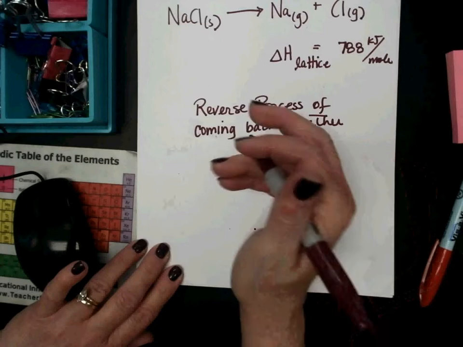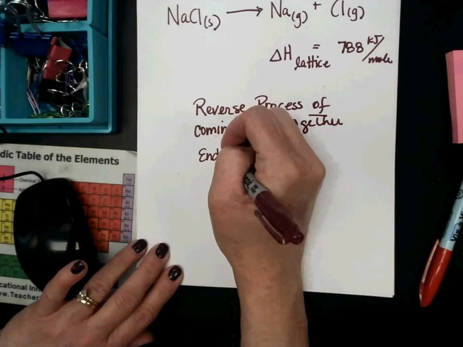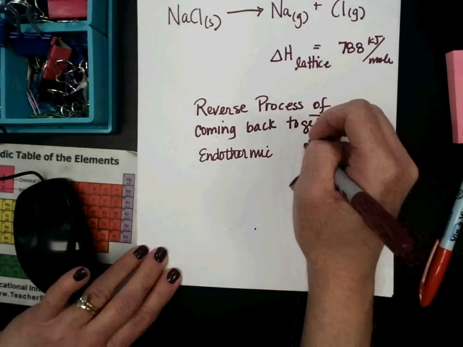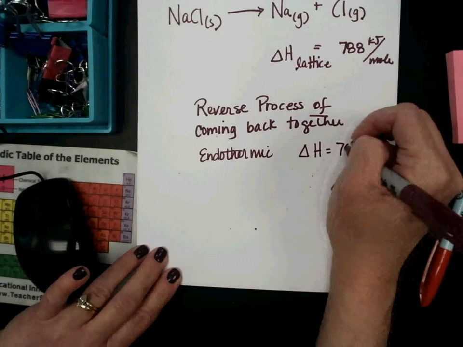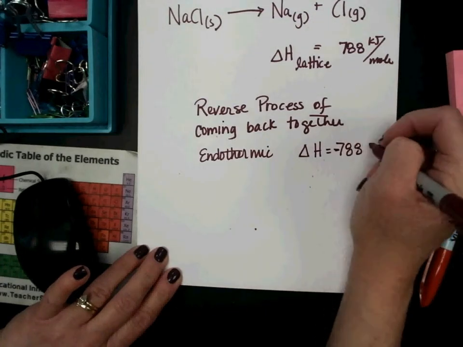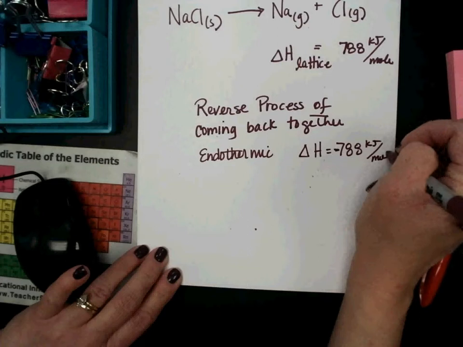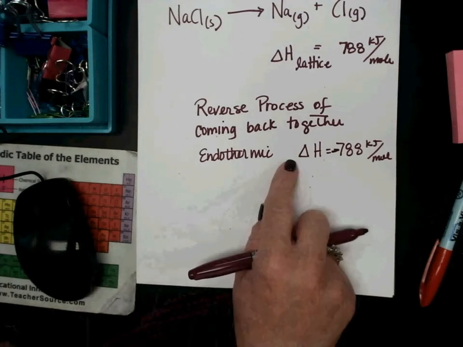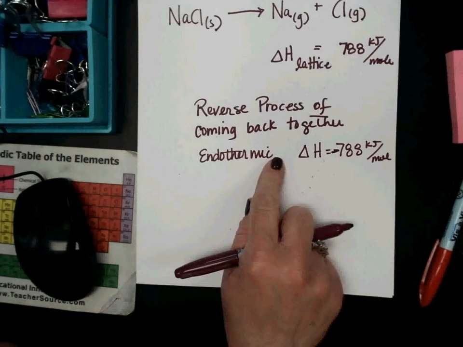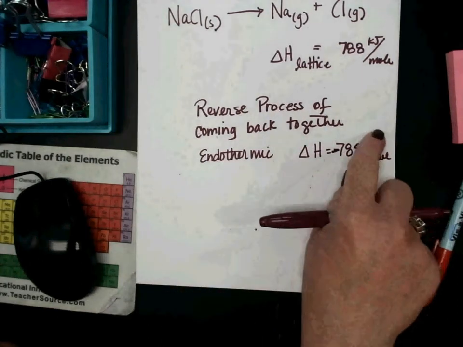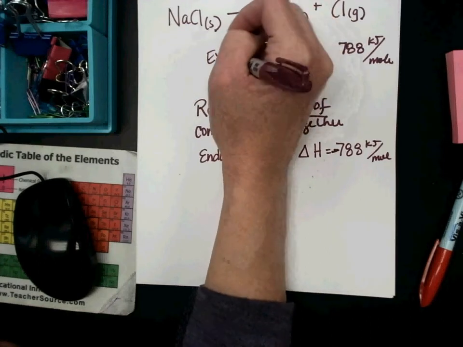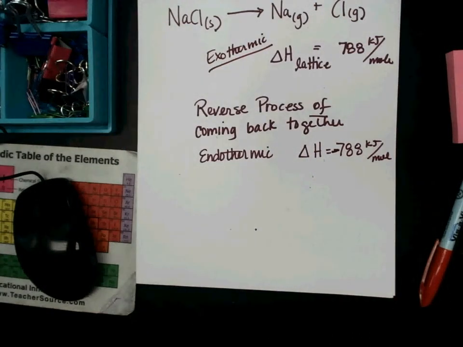That coming back together would be written as delta H equals negative 788 kilojoules per mole. So think of that as the formation versus the breaking apart. I've got an exothermic reaction going on here versus endothermic up here when I'm breaking it apart.